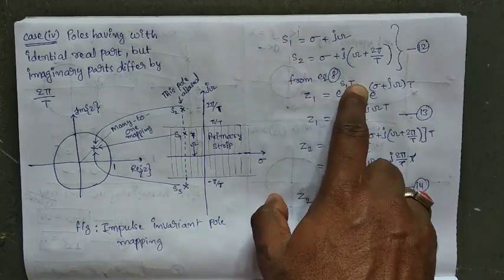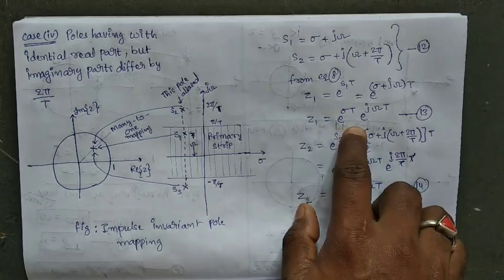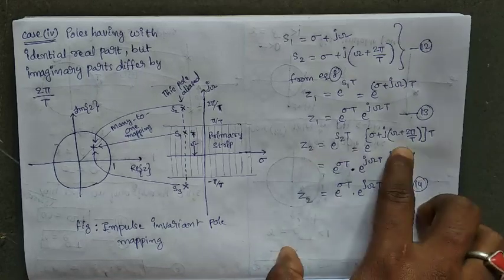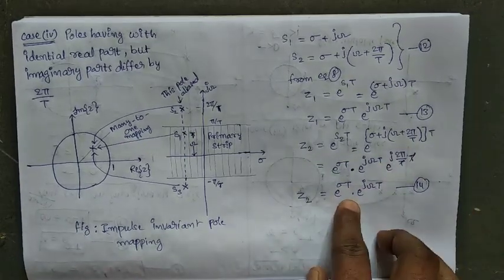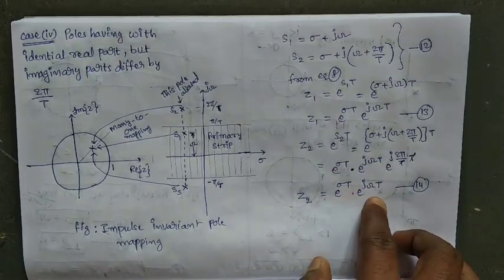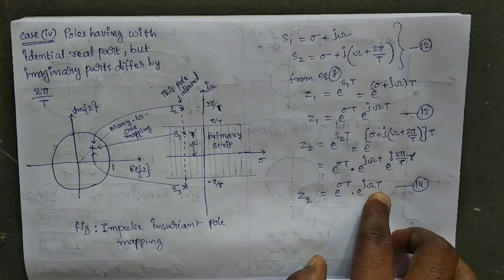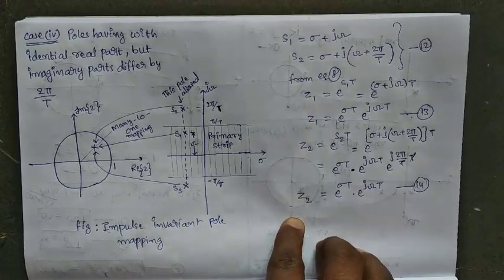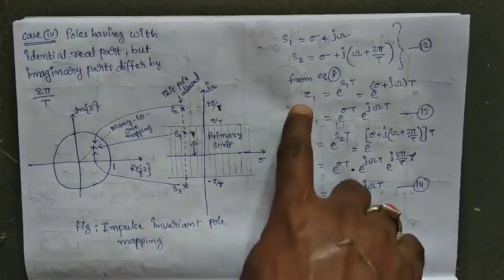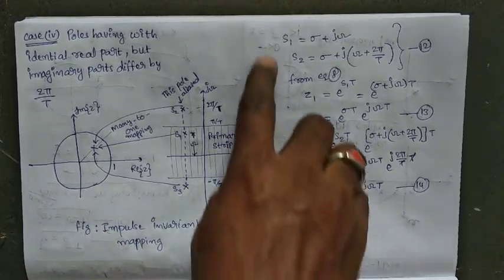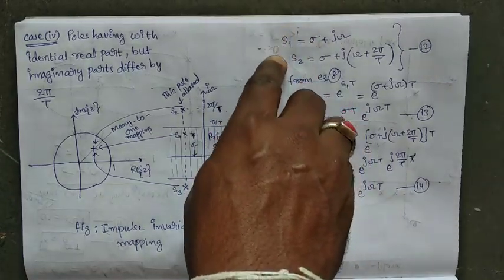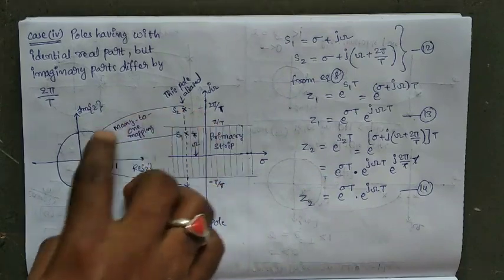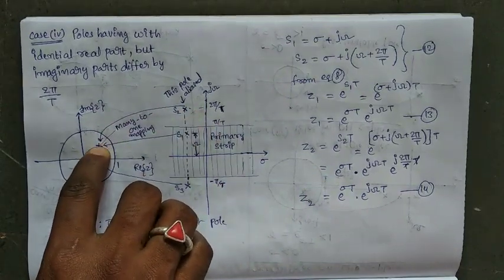Z1 is equal to e power S1 T, which is e power sigma T into e power j omega T. Similarly Z2 is equal to e power sigma T into e power j omega T. Observe these poles: Z1 is equal to Z2. That means we are transforming these two poles into a single pole in the Z plane.